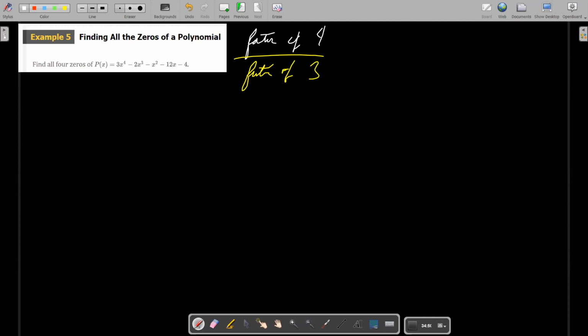Factors of 4 are plus or minus 1, plus or minus 2, plus or minus 4, all over factors of 3, which are plus or minus 1, plus or minus 3. This is going to be awful. I can tell. It's not good.